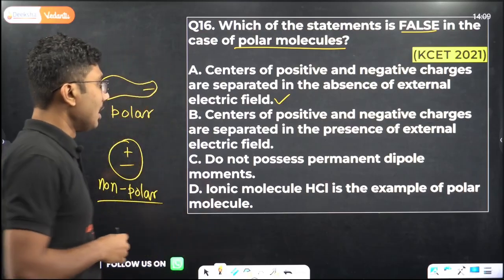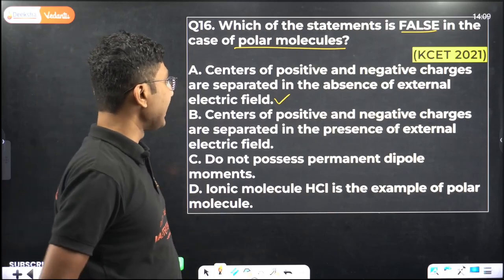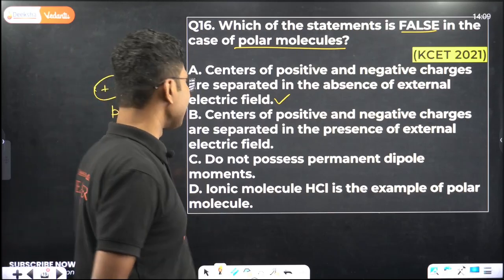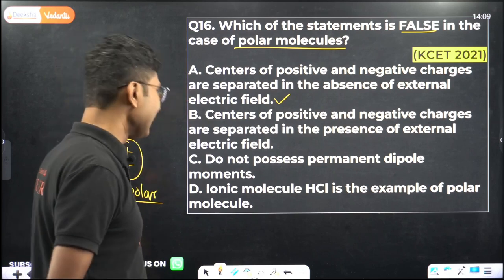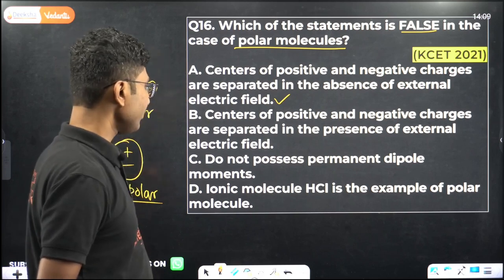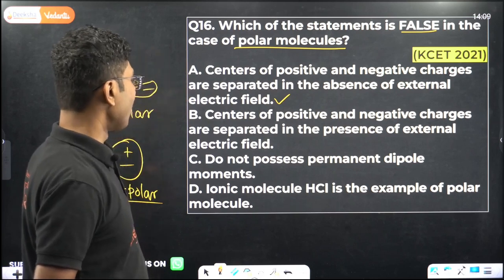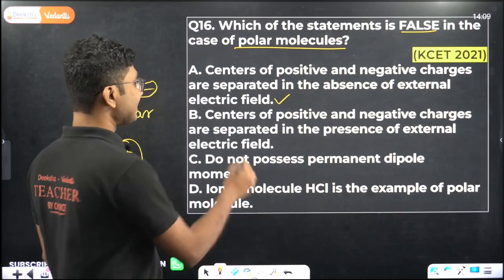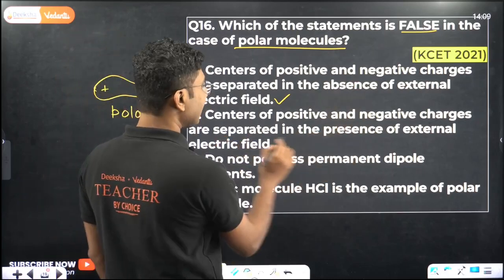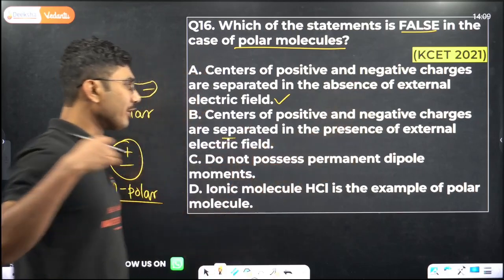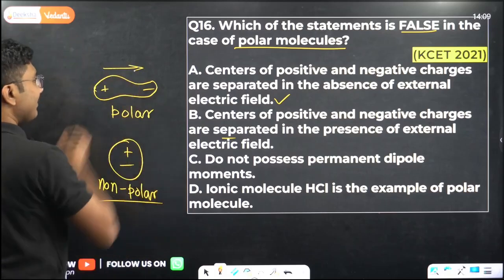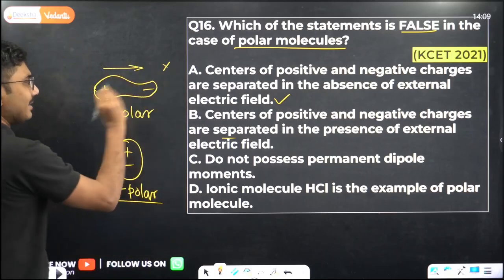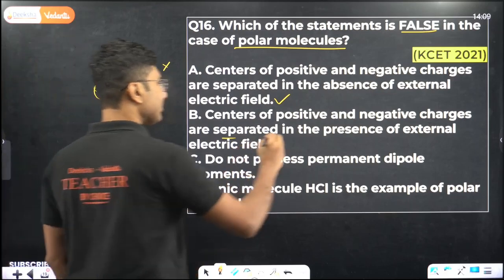Next, option B: centers of positive and negative charges are separated in the presence of external electric field. It is not mentioned only separated. So whether the electric field is present or not, the centers are always separated. So this is also a correct statement.